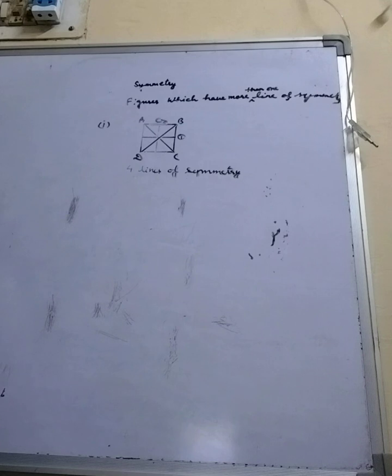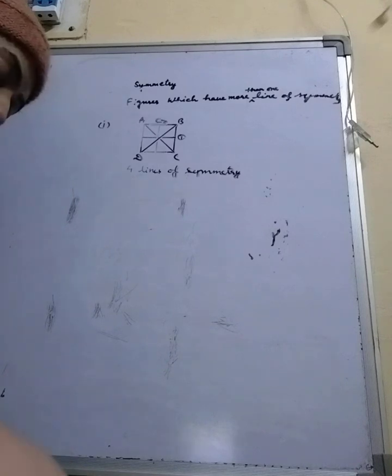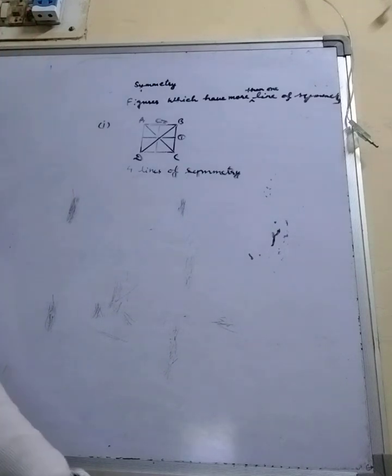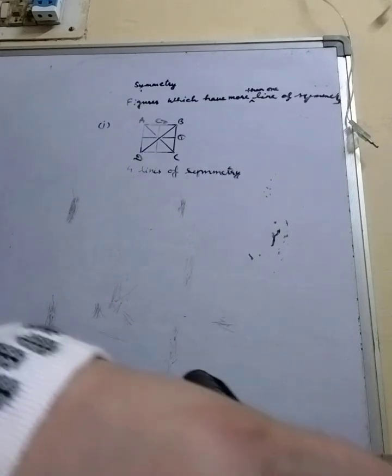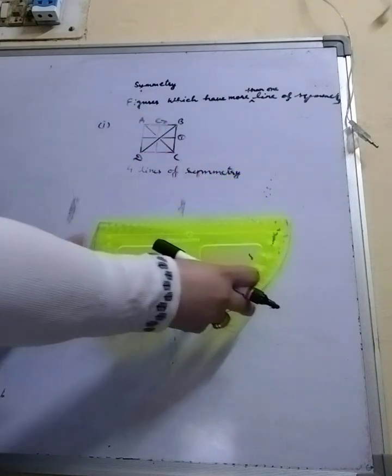Okay, then we come to some other next figure, which may be a rectangle. Now you know what is rectangle. Rectangle is a figure in which two opposite sides are equal. So we make a rectangle here.